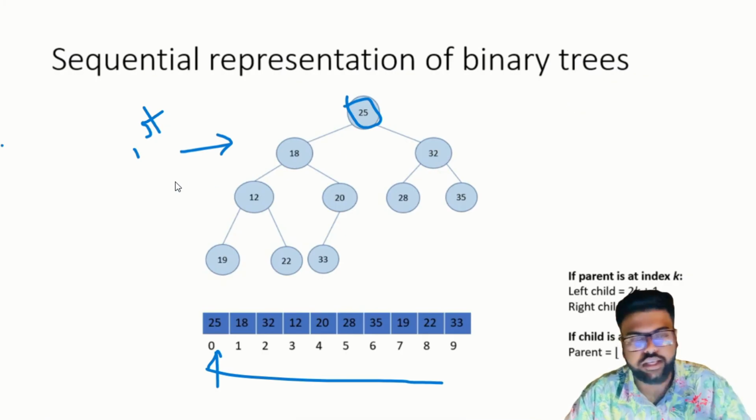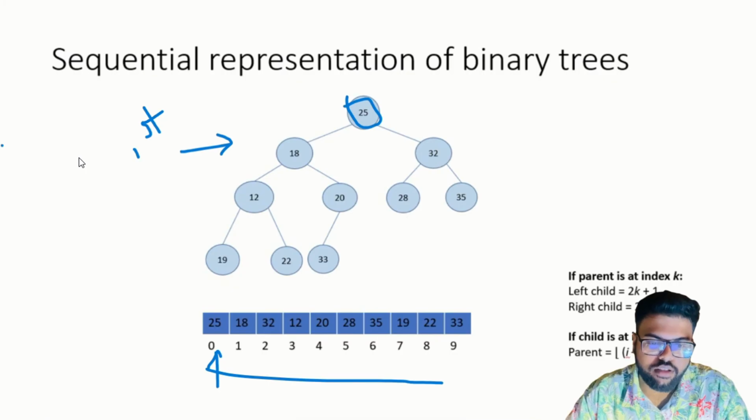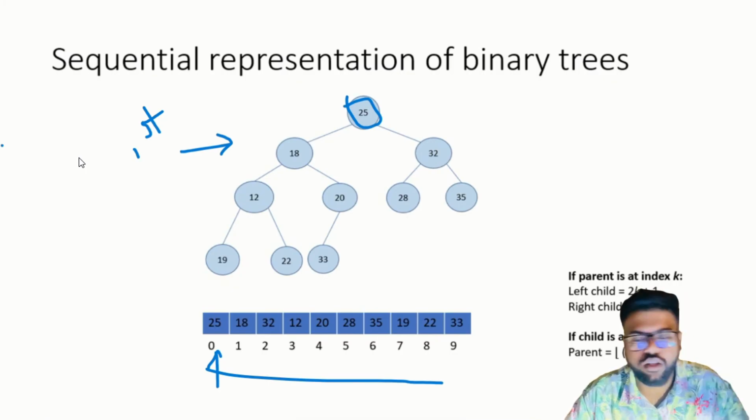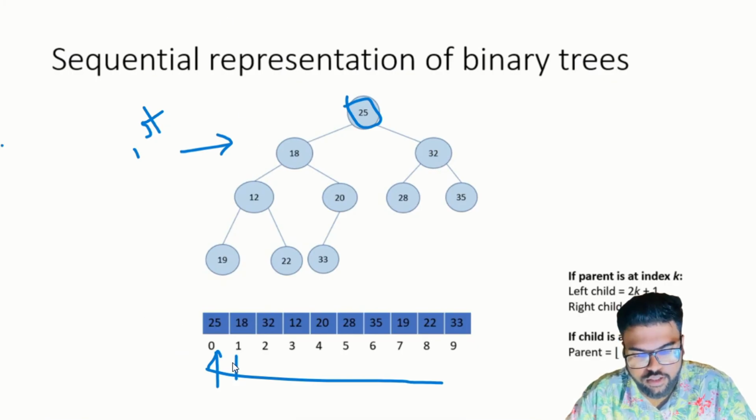Always store the data in the array from left to right. So the left child is 18, stored at index 1. The right child is 32, stored at index 2. Then level 1 is complete.